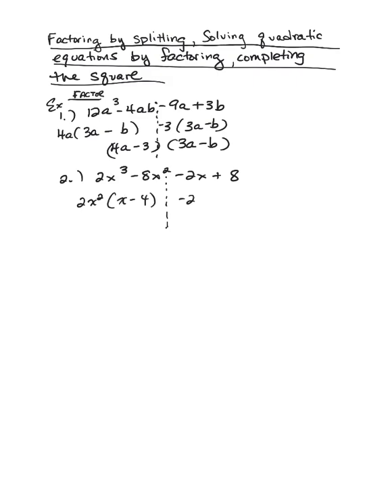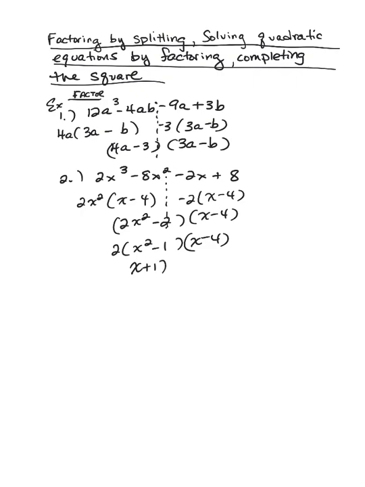Then if I take out a negative 2 here, I'll be left with the x minus 4. I could have taken out a GCF first, but it doesn't matter. 2x squared minus 2 times x minus 4. So now I'll take out the 2. X squared minus 1 times x minus 4. And then we have a difference of squares here, right? X plus 1, x minus 1. Okay, so that's how you would factor that one completely.